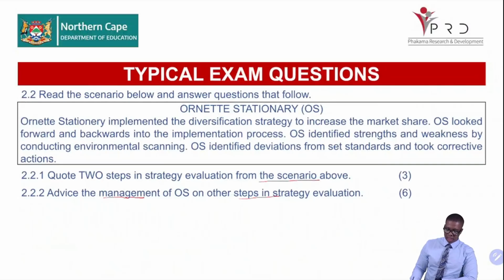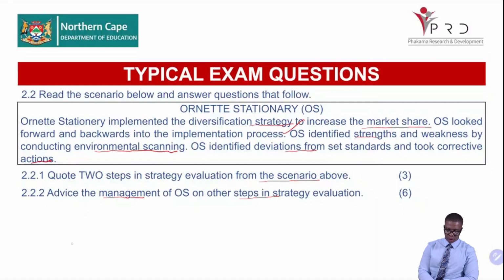So we have Onnit Stationery, OS. Onnit Stationery implemented the diversification strategy to increase market share. OS looked forward and backward into the implementation process, and then OS identified strengths and weaknesses by conducting environmental scanning. Then another one is OS identified deviations from set standards and took corrective action.